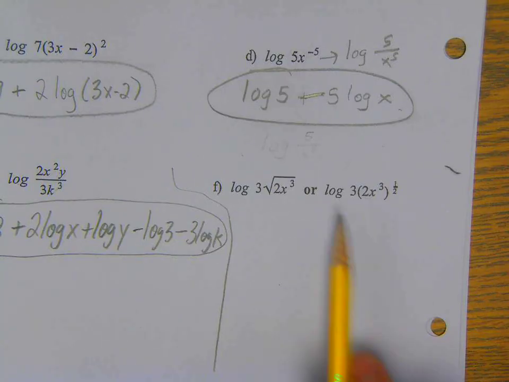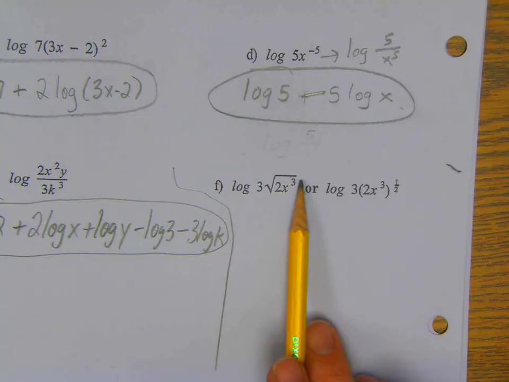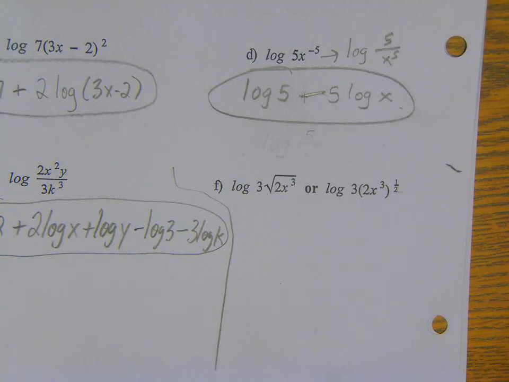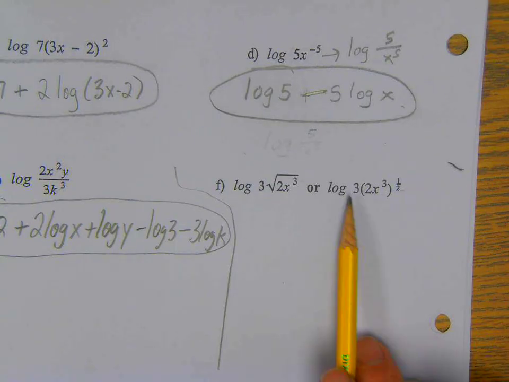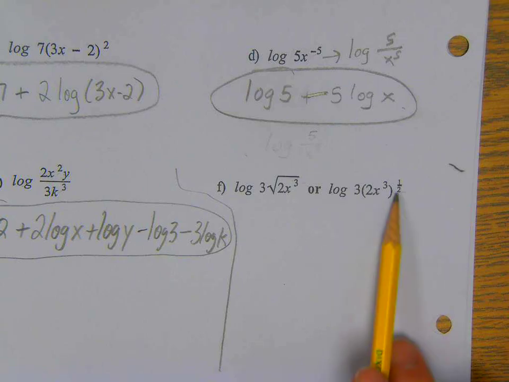Okay, so this is helpful right here. Doesn't this mean the same thing as this? Because the square root of something is that thing to the 1/2 power. So this is probably the easier way to look at this problem, right? So if you see a square root like this, it might be easier to write it like this.